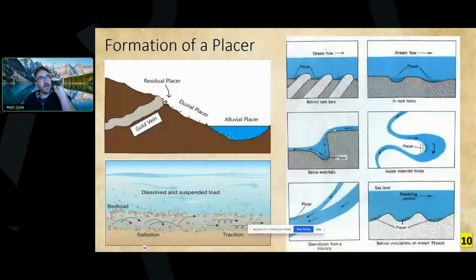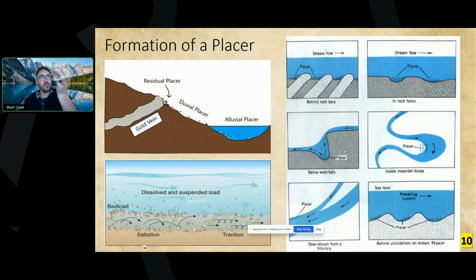So I'll whiz through this because I'm sure this is very familiar to people, but when we talk about how a placer is formed, a residual placer is essentially when gold erodes out of the rock face, out of the gold vein, and is left in place. An alluvial placer is when it's on the move, usually due to gravity, and it's reached the river courses.